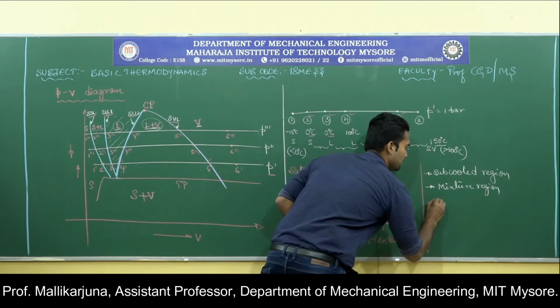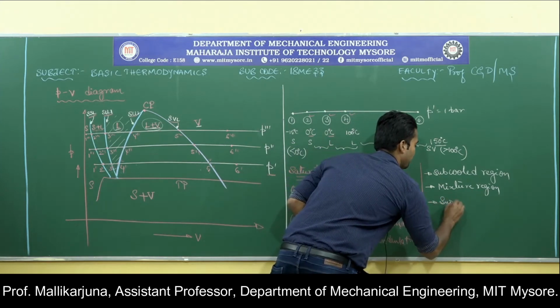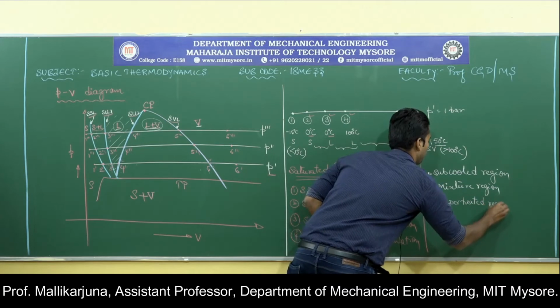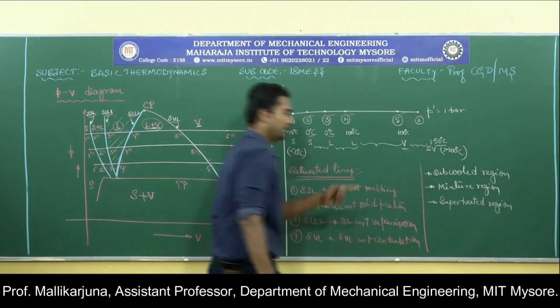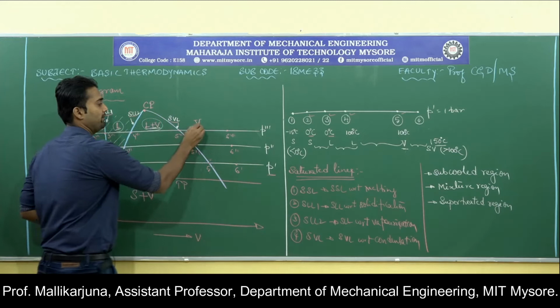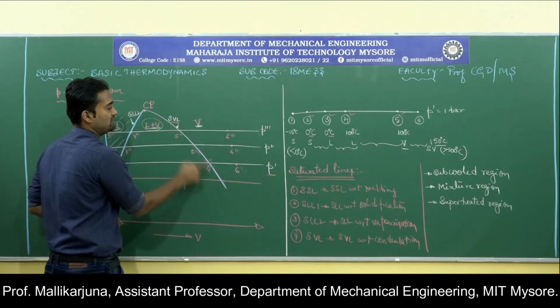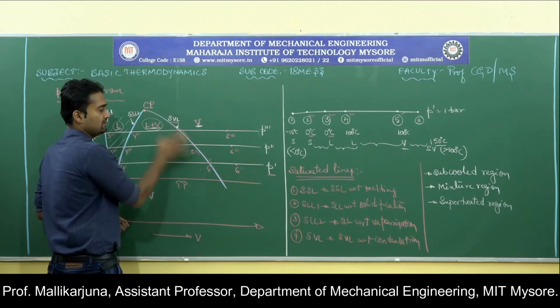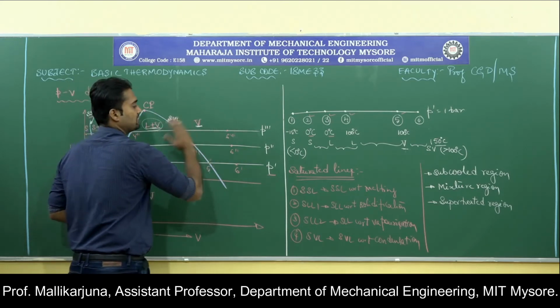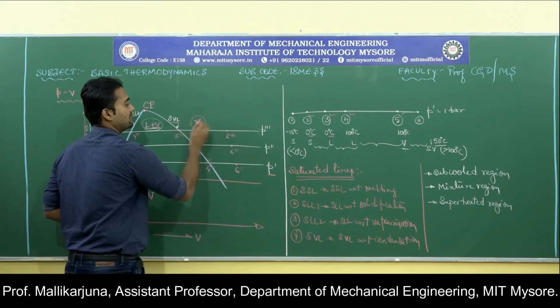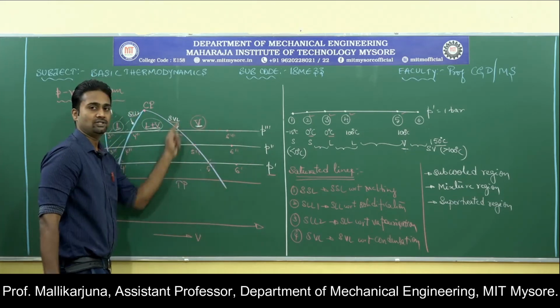The next region is the superheated region. Superheated region is nothing but the vapor region, which is marked to the right of the saturated vapor line. This is the saturated vapor line. The region which is marked as V towards the right of this line is nothing but the superheated region.